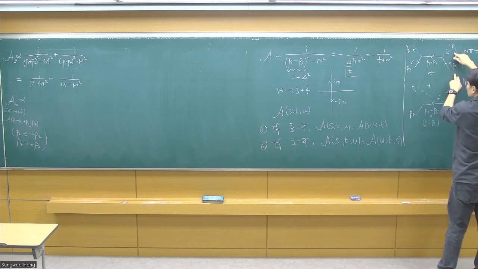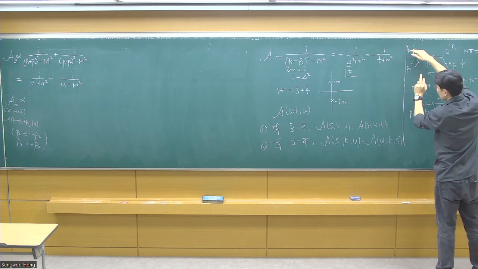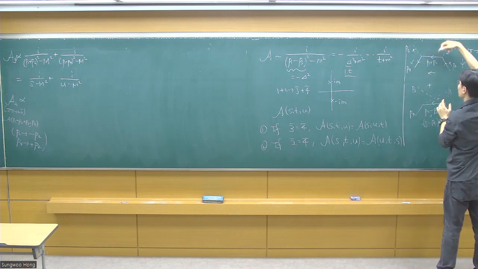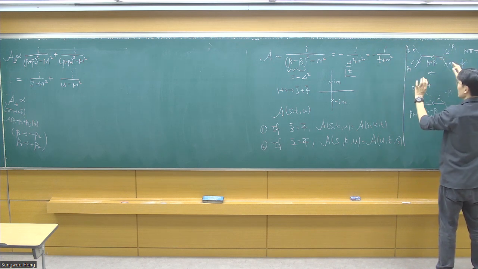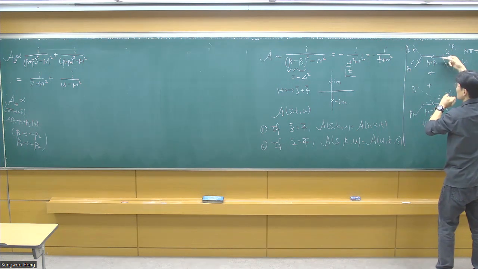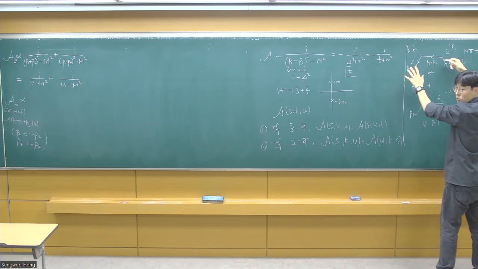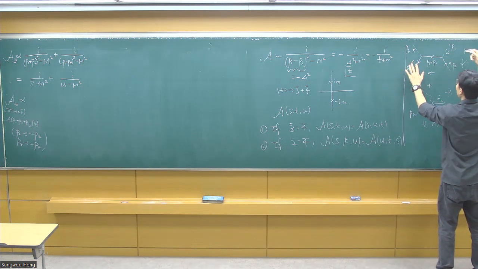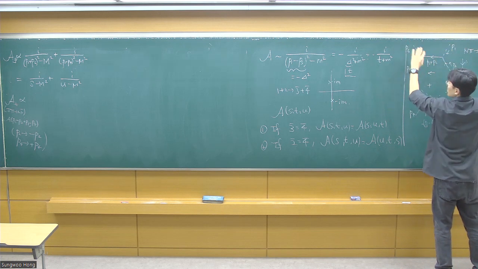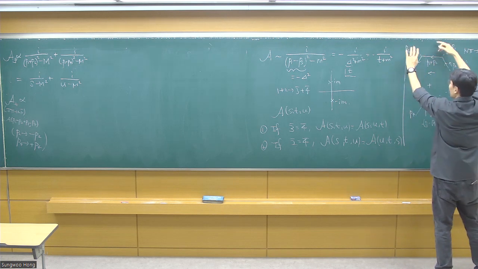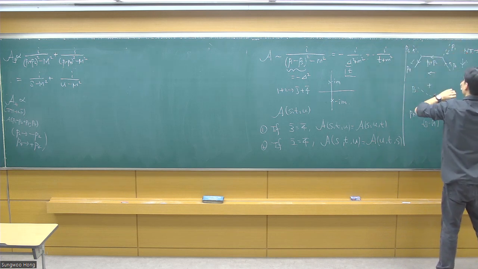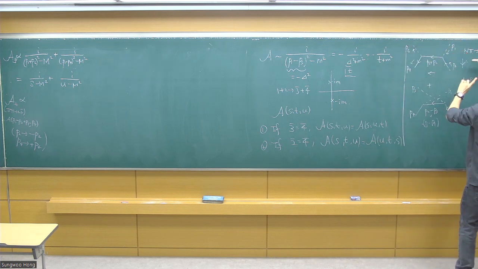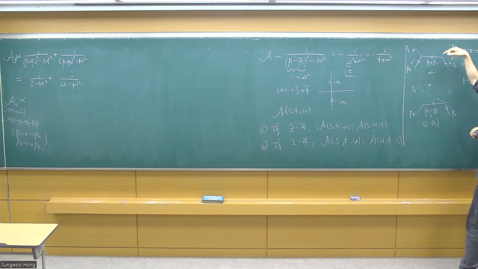Here, 1 and 2 should be plus, and 3 and 4 should be minus. In both the T channel and the S channel, P4 has always been minus. So compared to the S channel computation, I don't have to flip the sign of P4. Compared to the S channel, here I have to flip the sign of 2 and 3, which turn from incoming to outgoing. 2 turns from incoming to outgoing, so I have to flip the sign.